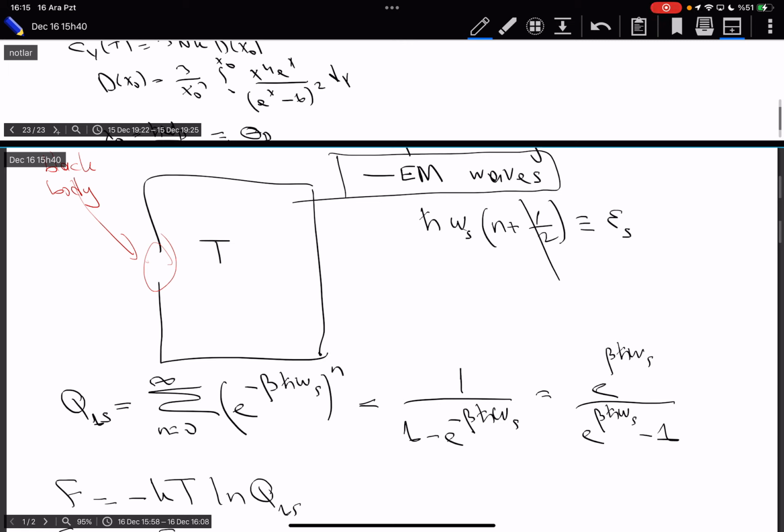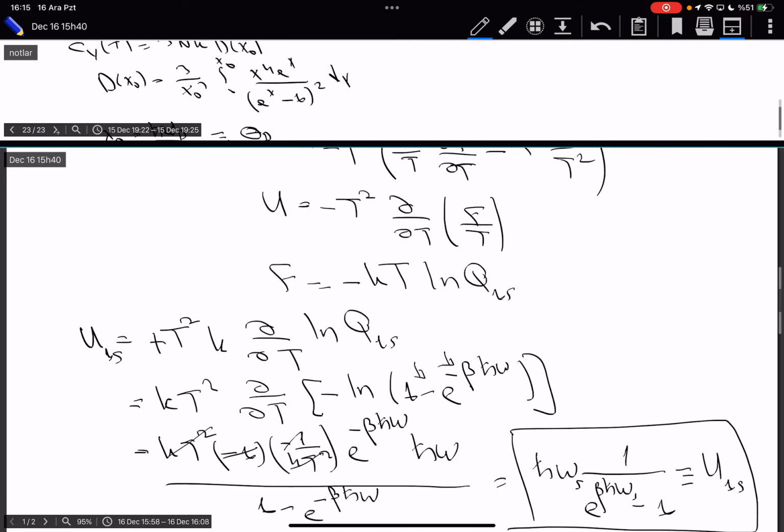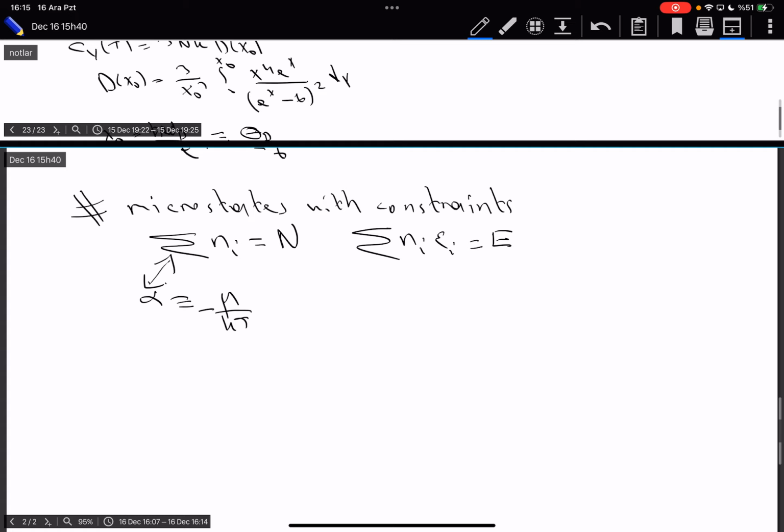Just like in an isolated system the entropy is maximized, if we have a system in contact with a heat bath and everything else is isolated, we don't allow anything else to change, and in that case the free energy is minimized. So if the number of particles can change in our system, which is kept at constant temperature, then we have to minimize the free energy in equilibrium.